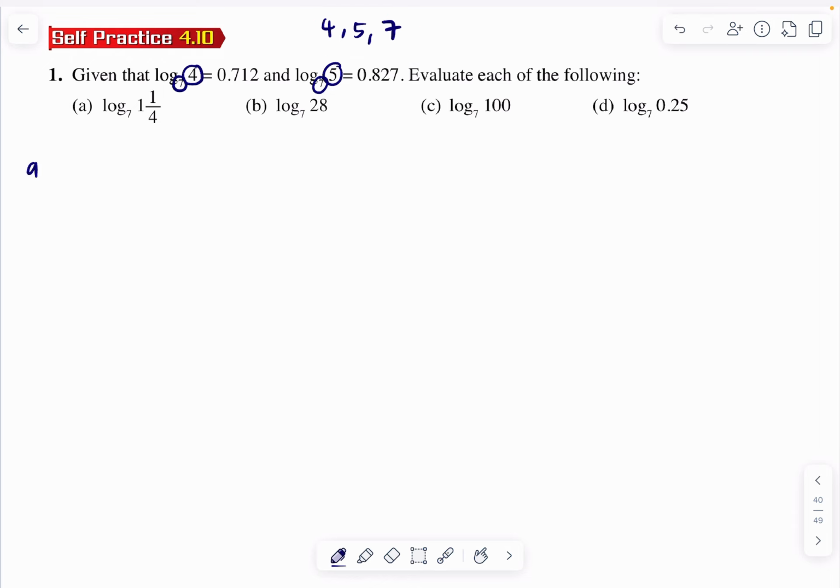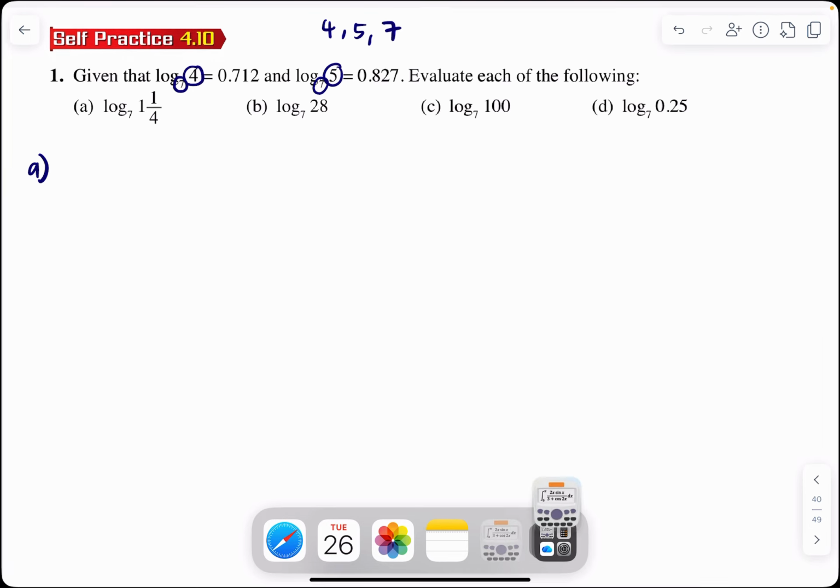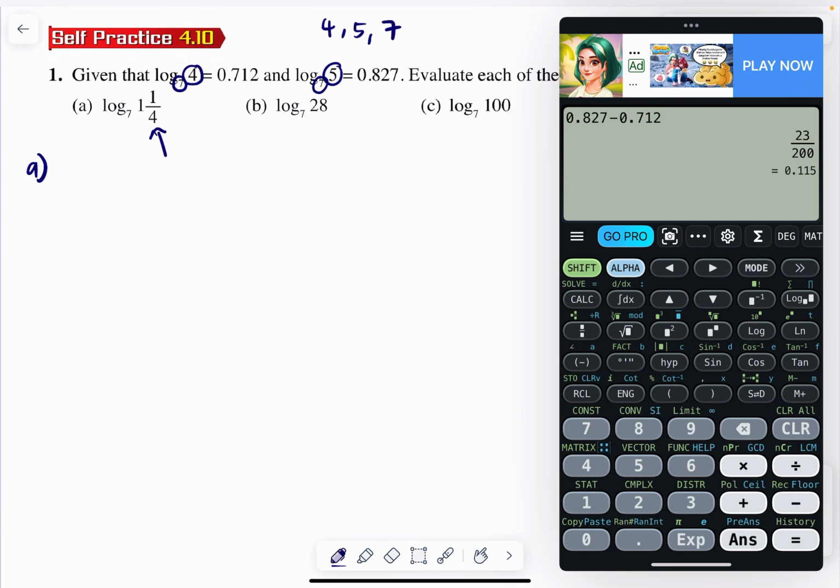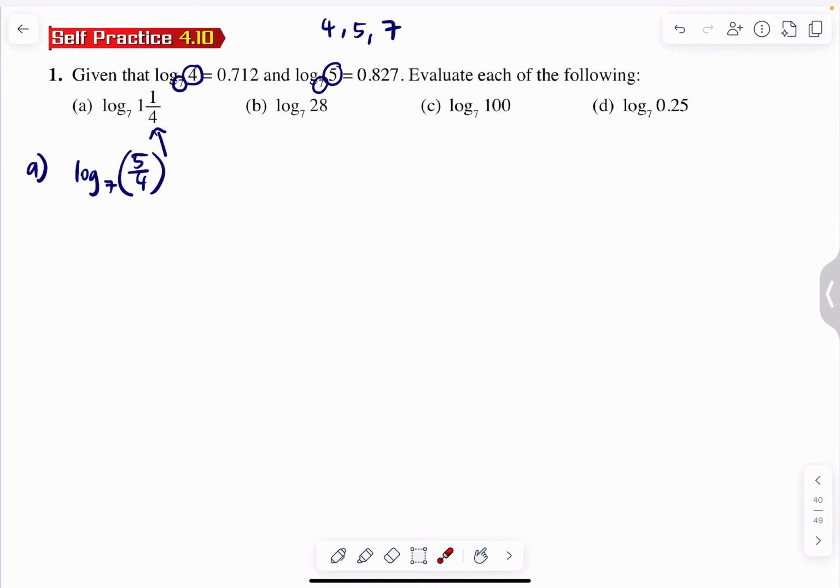Okay, we need to try to solve using these numbers. Okay, let's look at A. Log 7, 1 and 1 over 4. So we can convert the mixed number into an improper fraction. So 1 1 over 4 is 5 over 4. So we can say this is log 7, 5 over 4. Then when you have division in log, this will become minus.